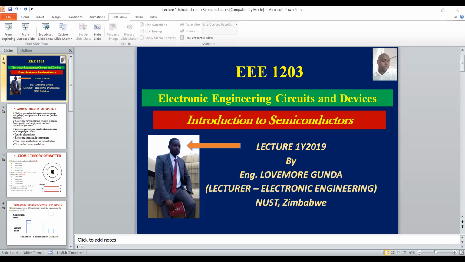So whenever I talk about negative charge in electronic engineering, we are talking about the electrons. Then protons have the positive charge, right? Neutrons are electrically neutral, right?